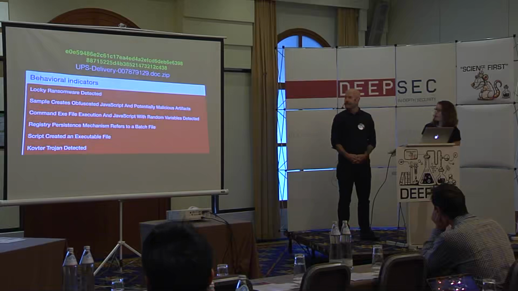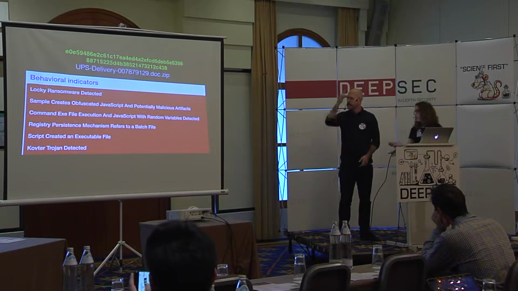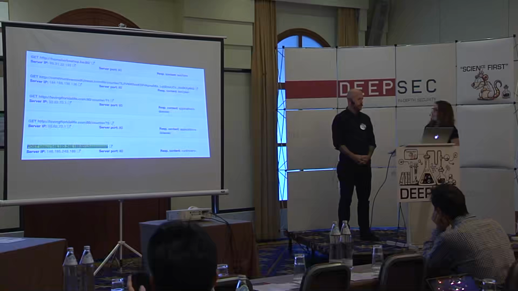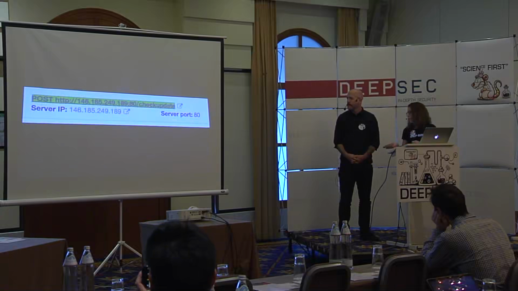Running it in a sandbox environment, we can see the behaviors that the malware is doing on the system, that it was identified by an AV engine as Locky, and also the Kofta Trojan was detected here. So these are the network callouts. You'll see on the bottom there the POST request to the command and control server.